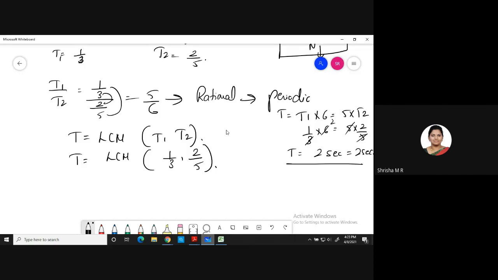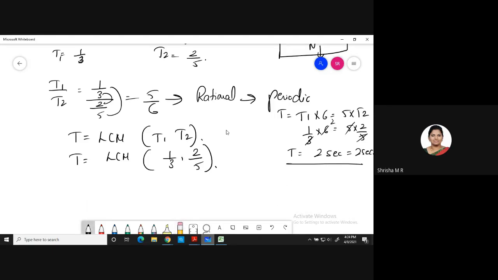If you have the LCM of fractions, how will you solve it? No, it is not like that.